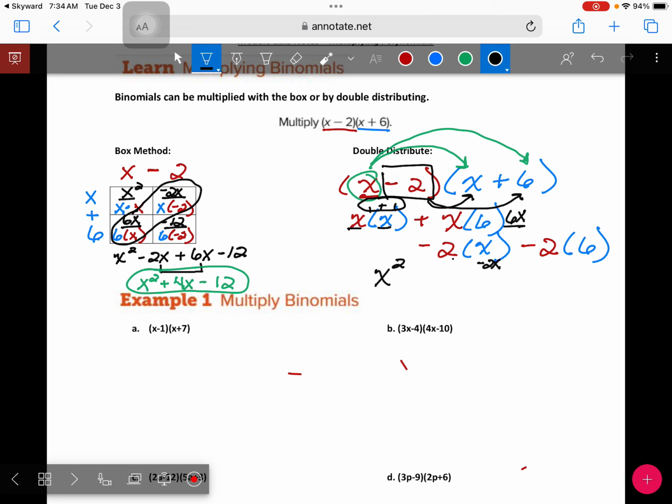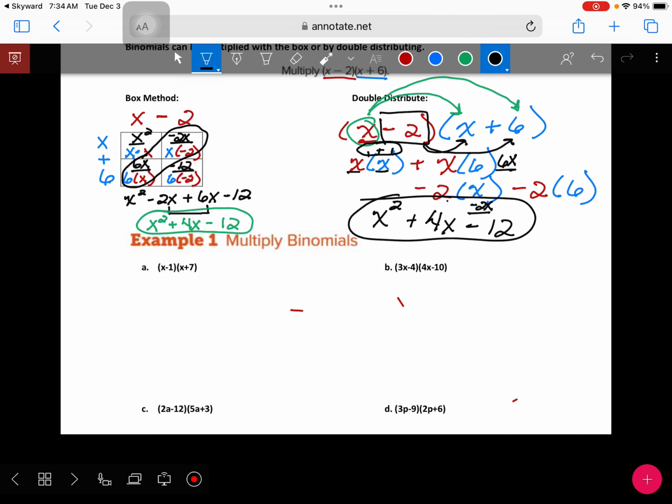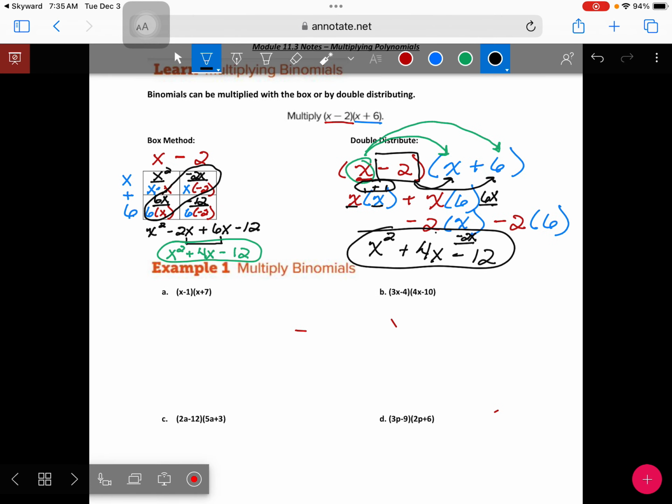So if I add 6x and negative 2x, that gives me 4x. And then finally, negative 2 times 6 gives me minus 12. Okay? Notice this is a totally different method, but it gets you the same answer.